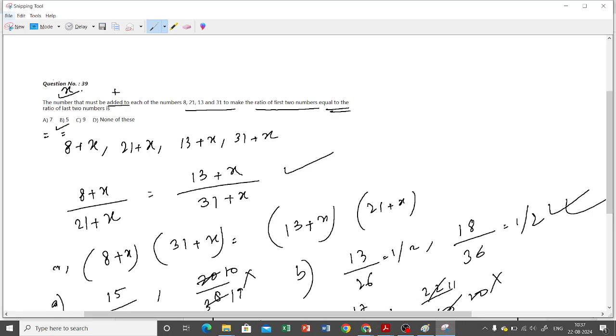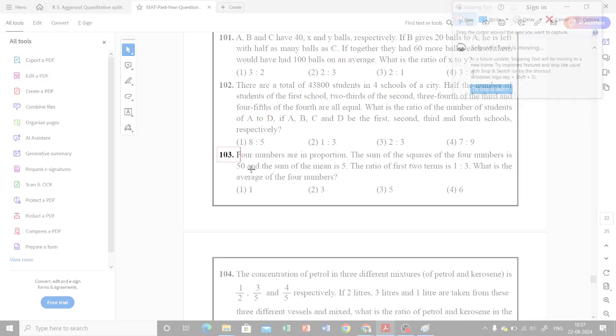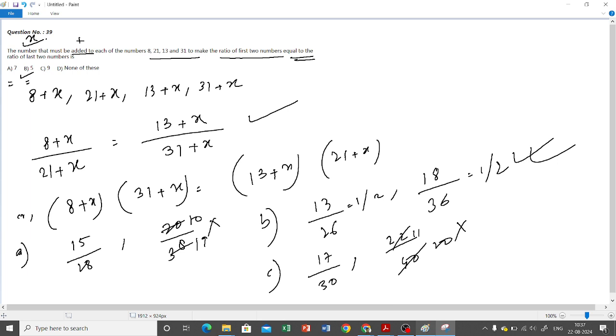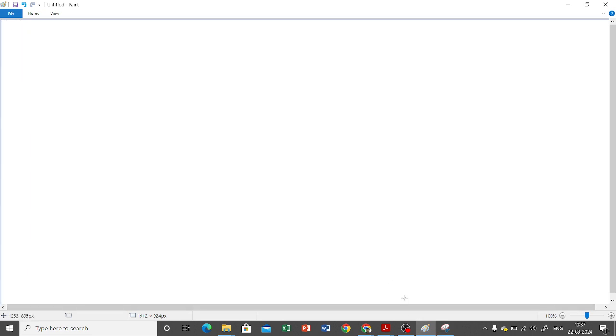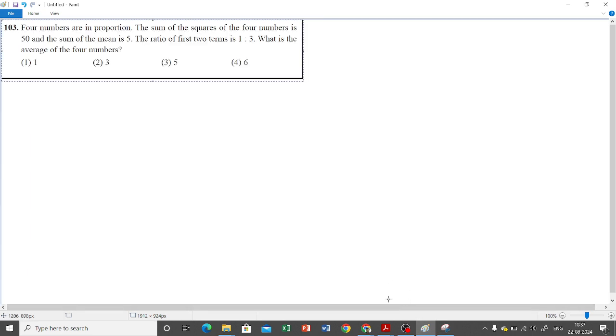Okay, got it. What is our number system? Solve this one.